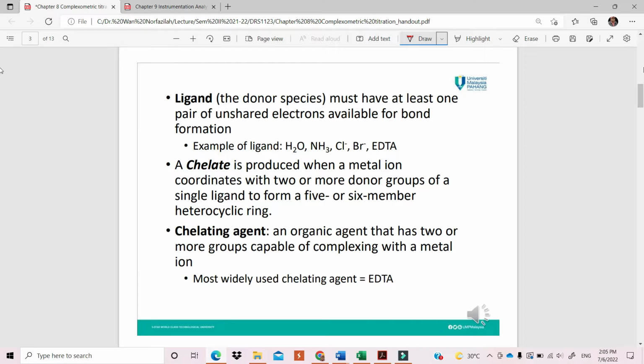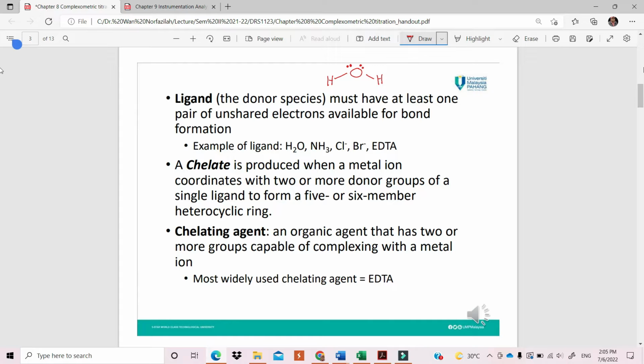So the unshared electron here means that, for example, in H2O, it has one oxygen with two hydrogen, but still this oxygen has two pairs of unshared electrons. At least one pair of the unshared electrons is available for bond formation with the metal ions.